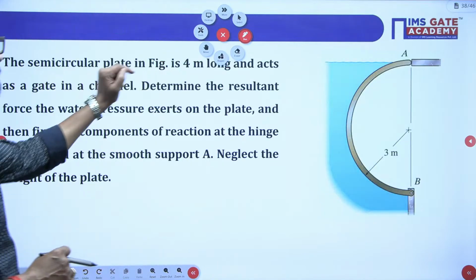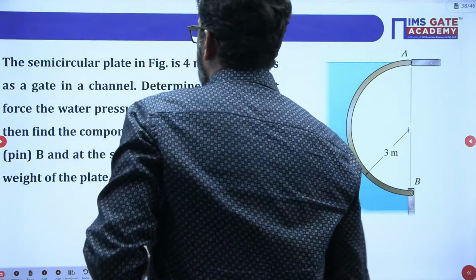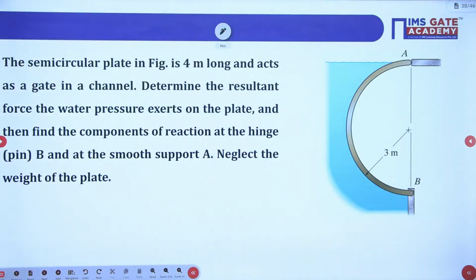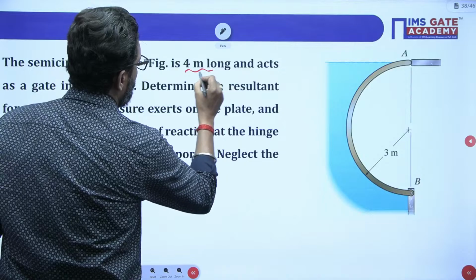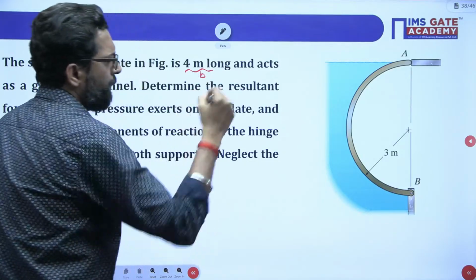See this problem. A semicircular plate in the figure is 4 meter long. Long means this is your width B, perpendicular to this.